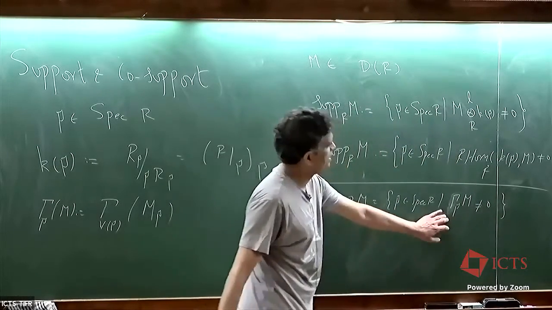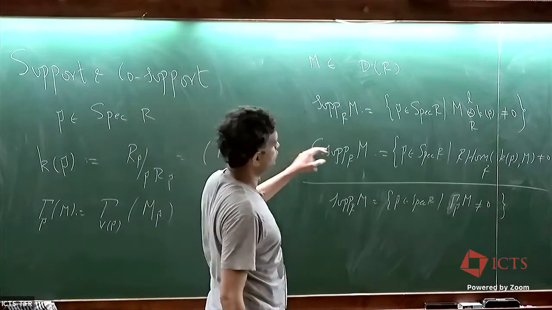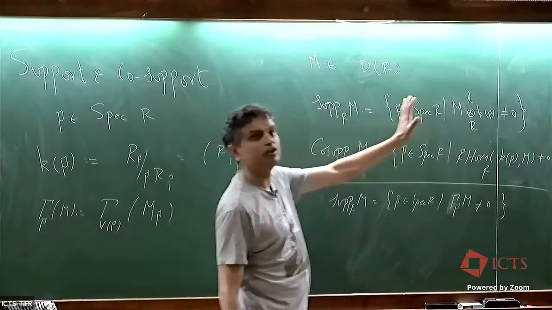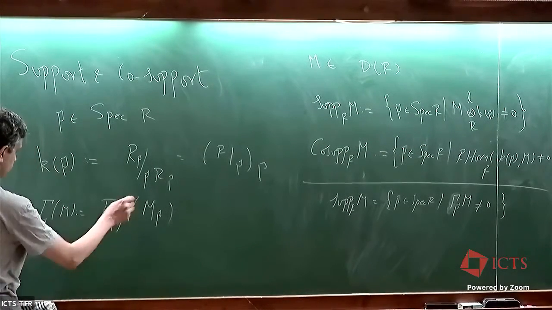So at this point, you see there are no tensor products, and this construction you can do very generally. So although I've chosen to introduce support and co-support using the residue field, you don't need residue fields to do this. And there's a similar thing for the co-support.